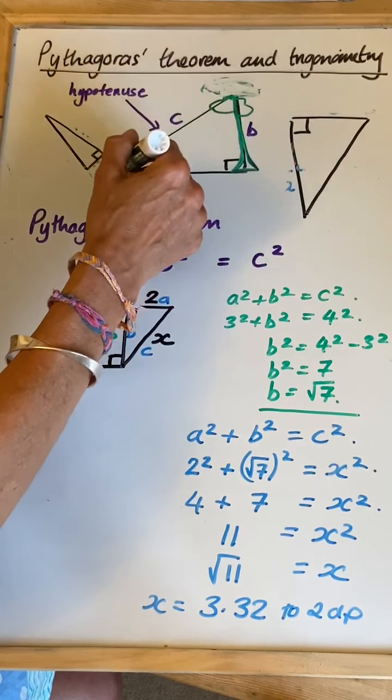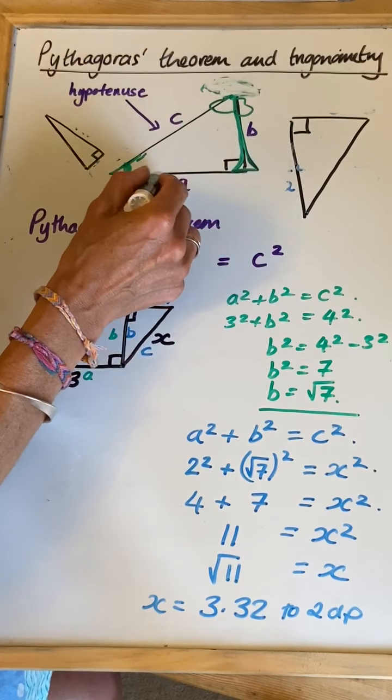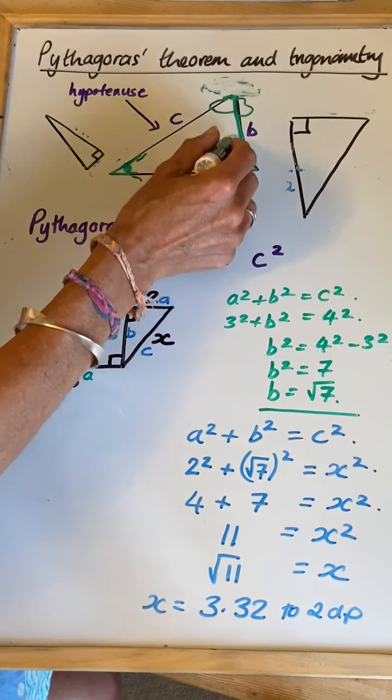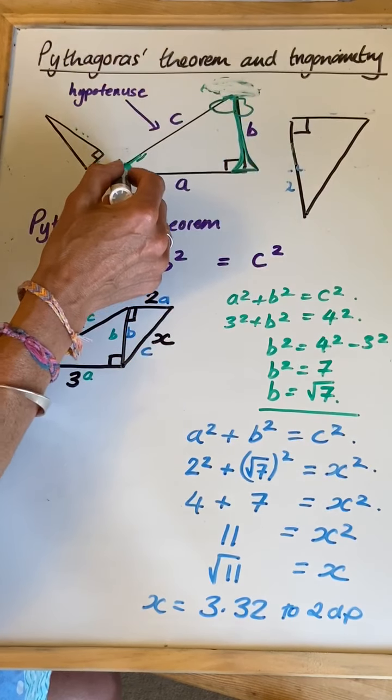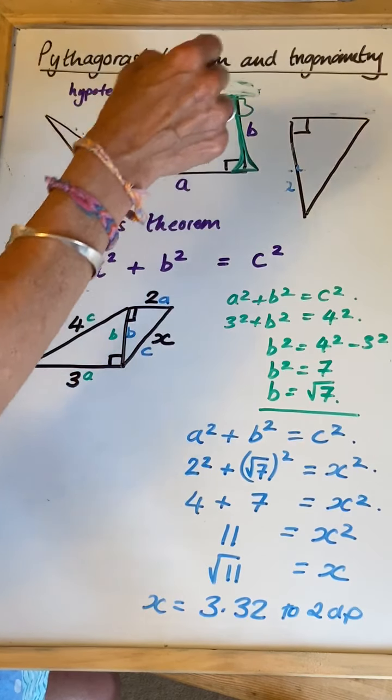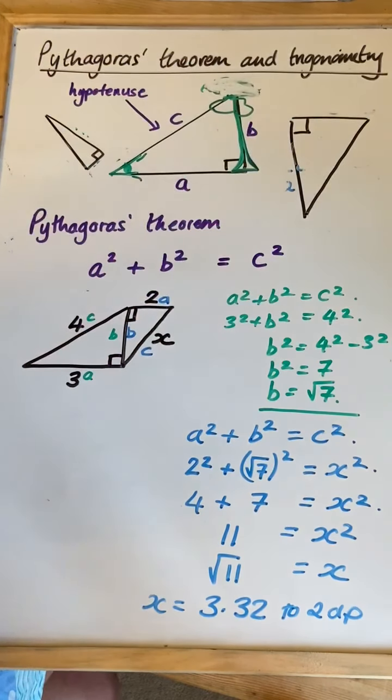They might say to you that the distance here is a certain number of meters, the height of the tree is a certain number of meters. How far is the person's eye to the top of the tree? So they might put it in a little bit of a diagram for you. You just need to simplify it into a right-angled triangle.